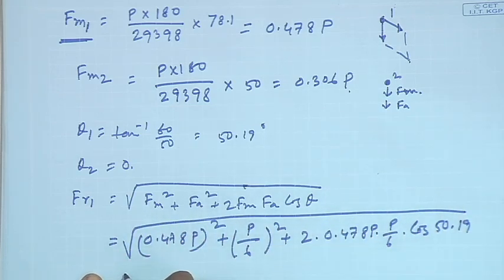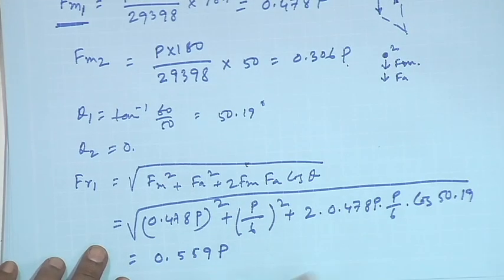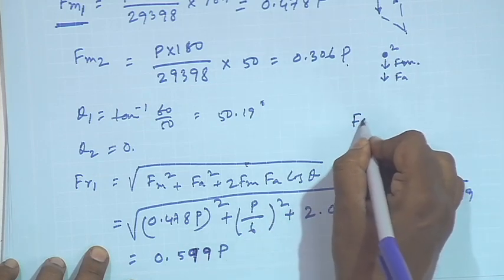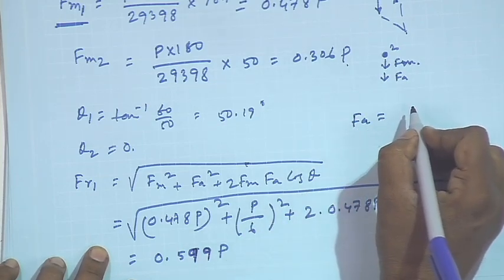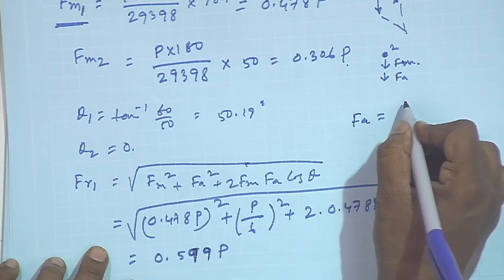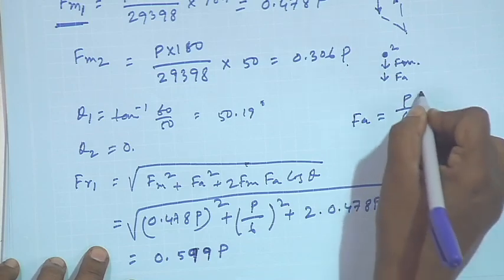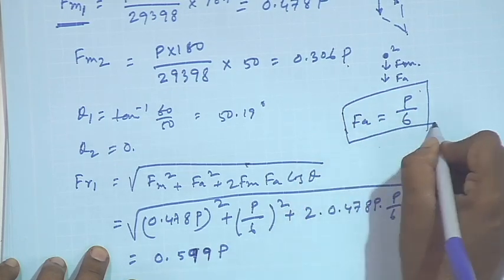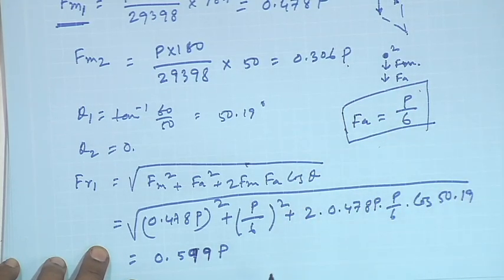After calculation we can get this as 0.599 P, right. Here let me tell you that Fa we got, assuming that all bolts are sharing equal loads, Fa will be P by 6, because the number of bolts is 6. So, load will be shared as P by 6.